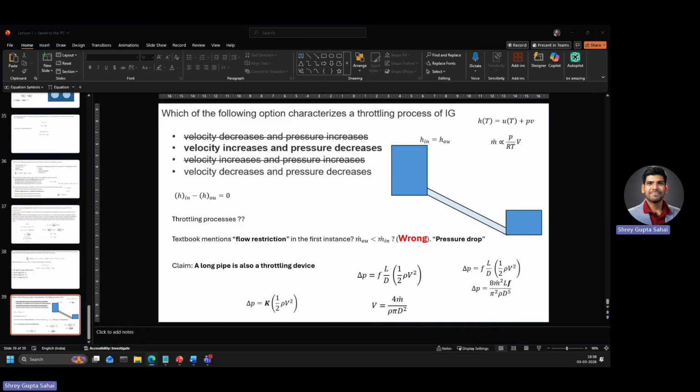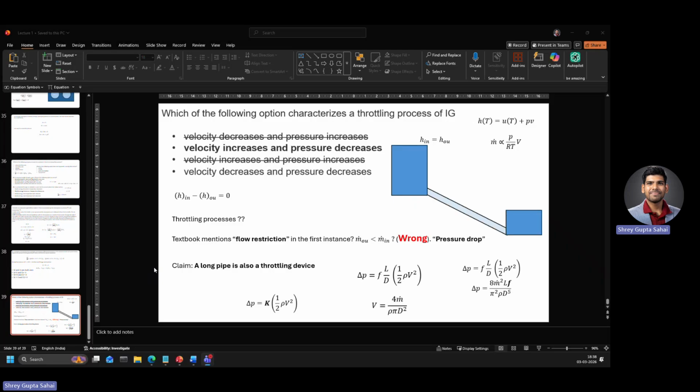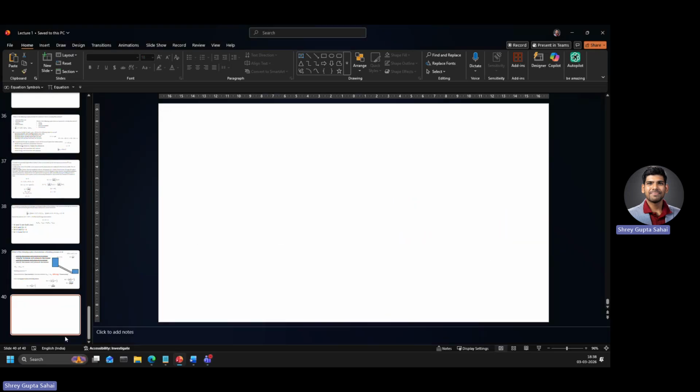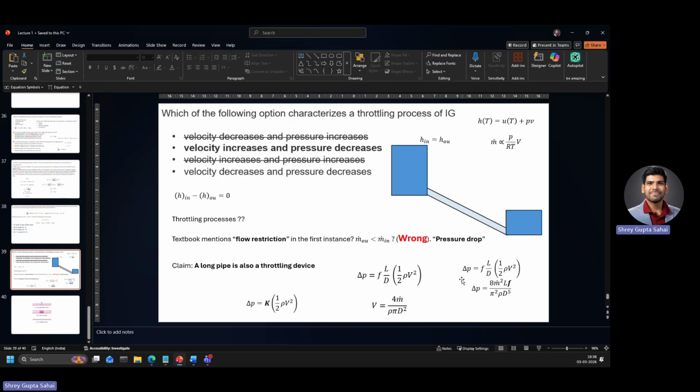There are a lot of ways of doing throttling. It's an adjustable valve. You can have a porous plug. As I said, introducing any throttling device in your piping system adds additional pressure drop.